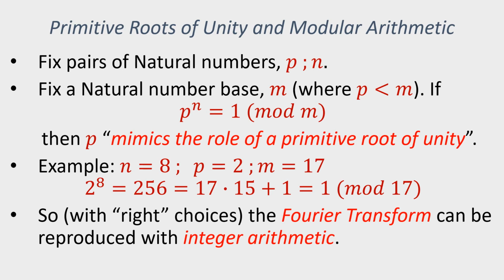And what that tells us is that the number 2 is a primitive 8th root of unity when we are working modulo 17. So overall, with the right choices of integer values, we can mimic the way in which the Fourier transform is implemented entirely with integer arithmetic.